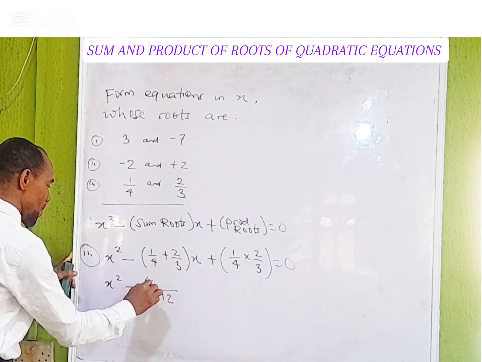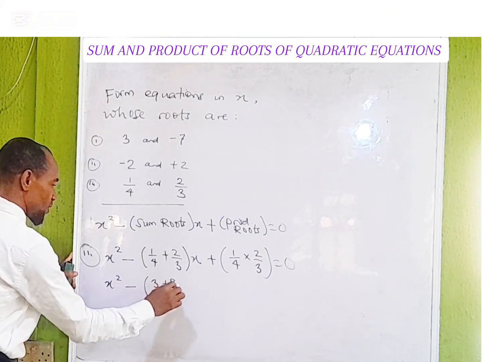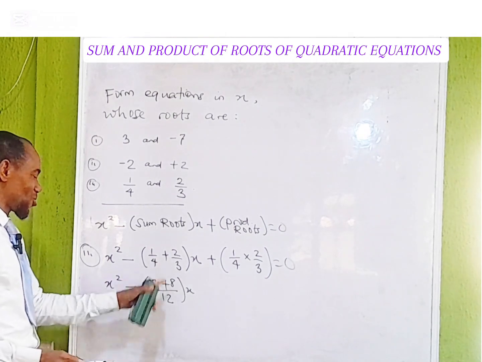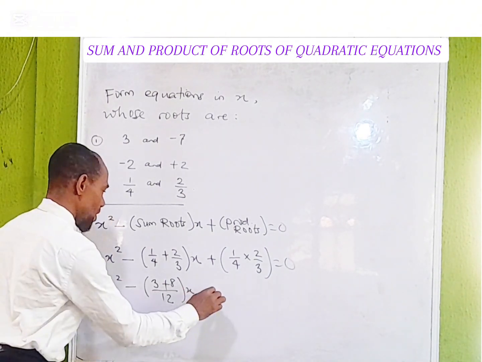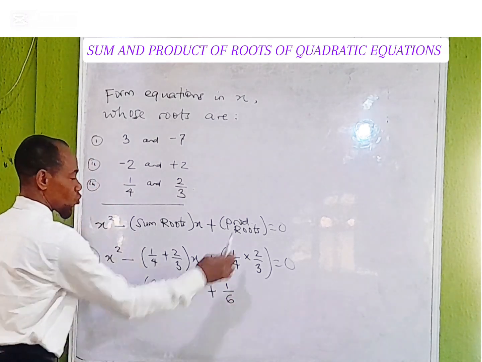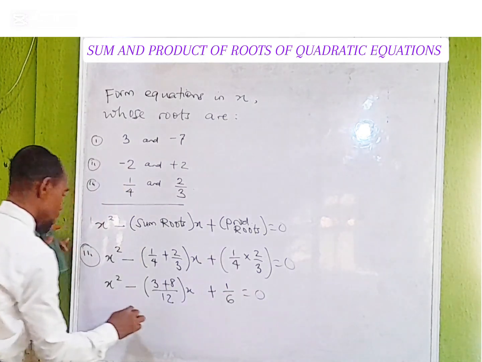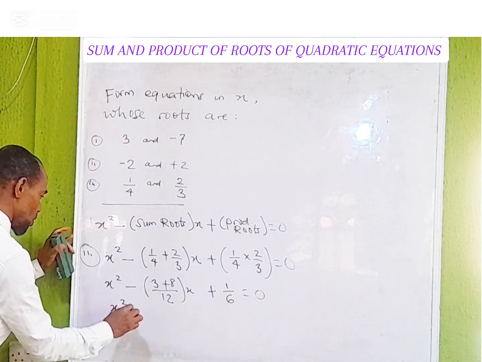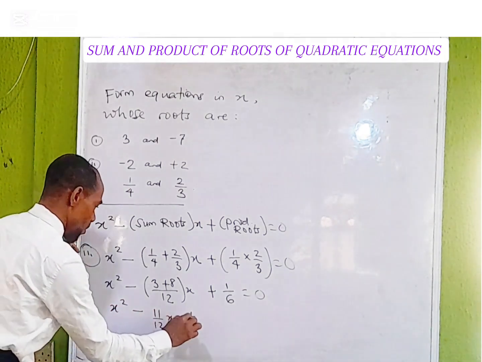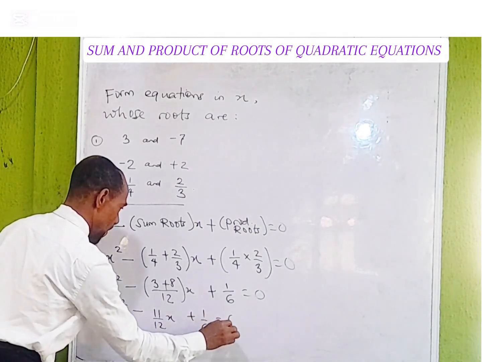So we have 3 here plus 8, x. I take it for granted that you understand how to sum fractions. Then plus, here we have 1 over 6, because that's 2 over 12 equals 0. And that gives us x squared minus 11 over 12 x plus 1 over 6.